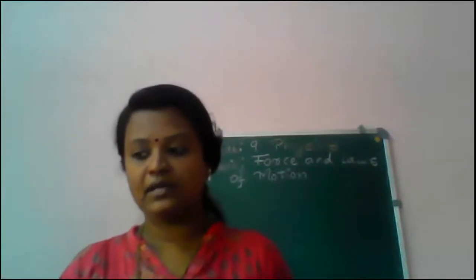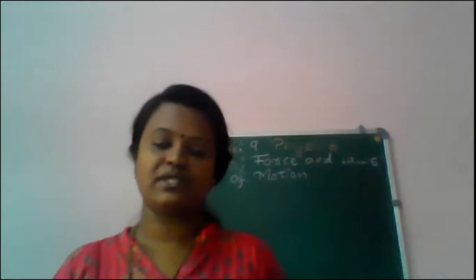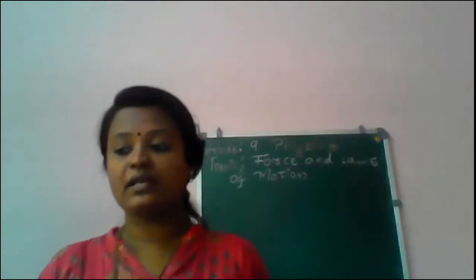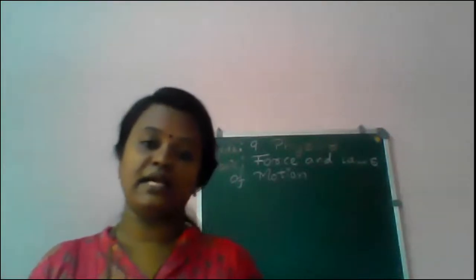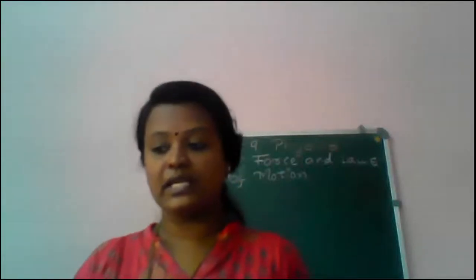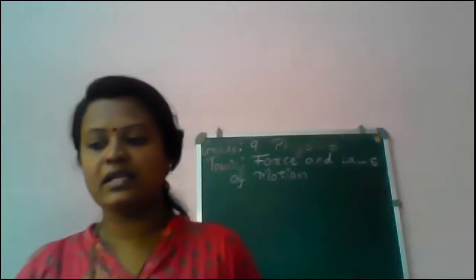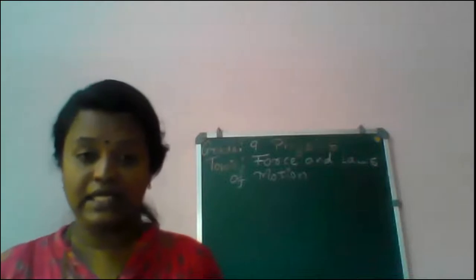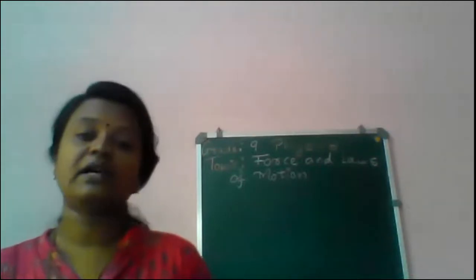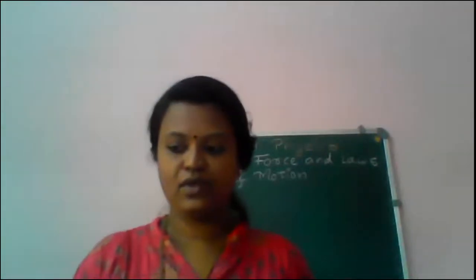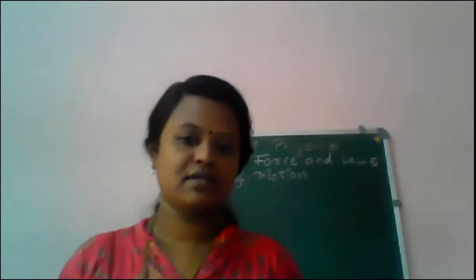If we do it fast, the card shoots away, allowing the coin to fall vertically into the glass tumbler due to its inertia. The inertia of the coin tries to maintain its state of rest even when the card flies off. So why does this happen? Yes, inertia is affected by the mass of the object also.